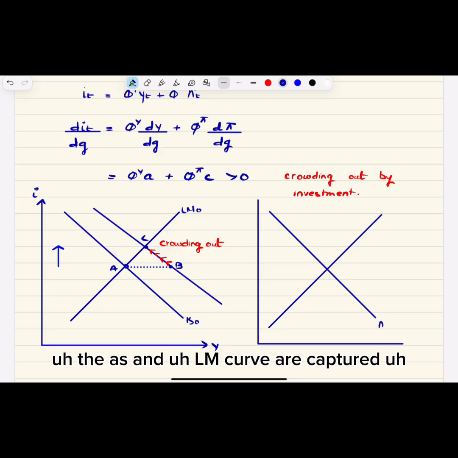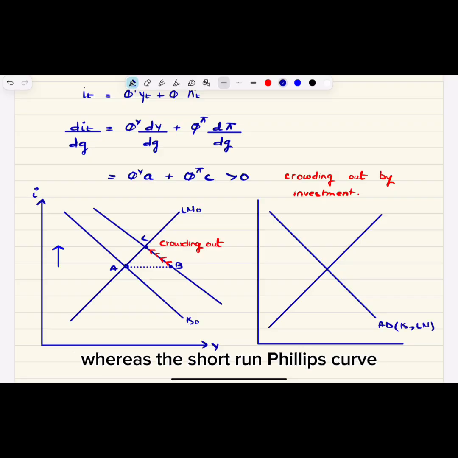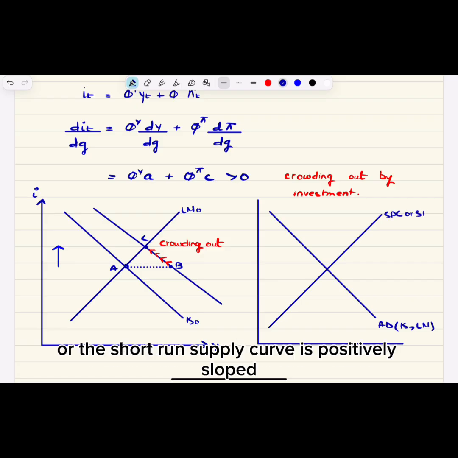The IS and LM curves are captured by the aggregate demand curve, whereas the short-run Phillips curve, or the short-run supply curve, is positively sloped.